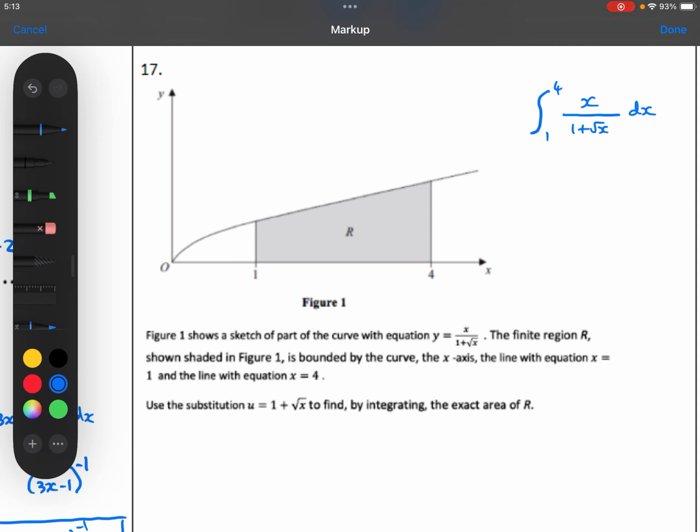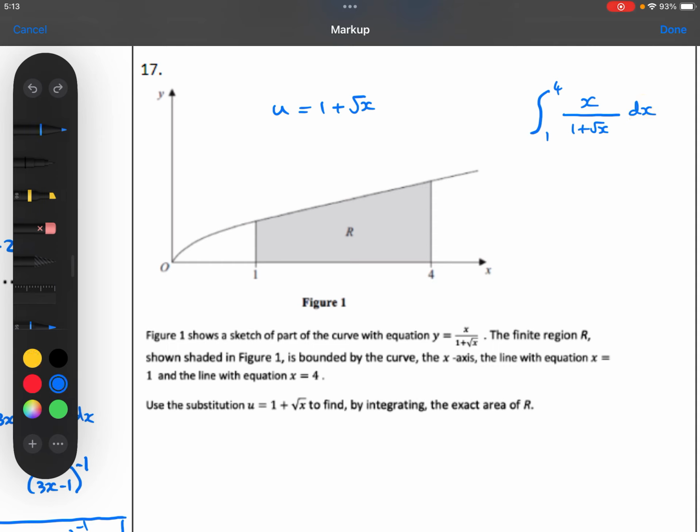That calculation there is going to give me the area of R. We're told to use the substitution u equals 1 plus root x. So I first want to do some differentiation on that because I need to change my dx into a du.